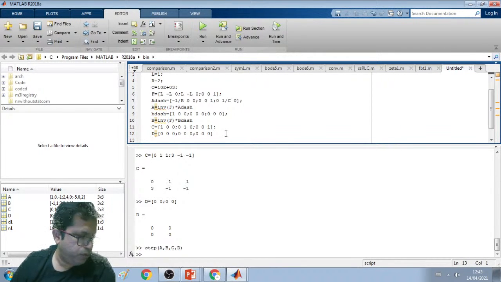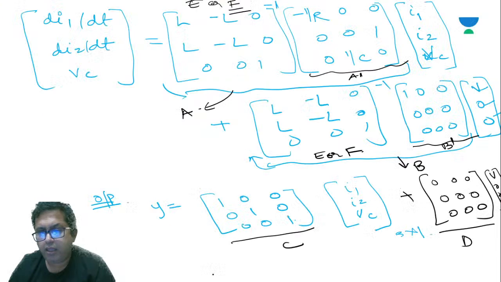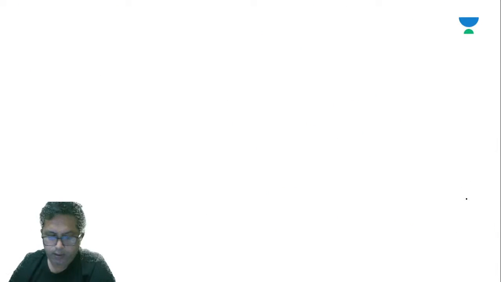Okay, so next we want to find out the step response. Step A comma B comma C comma D. Let us see how many inputs? 3. How many outputs? 3.